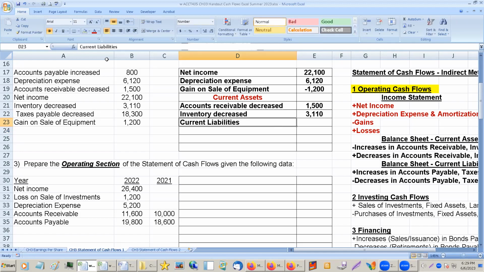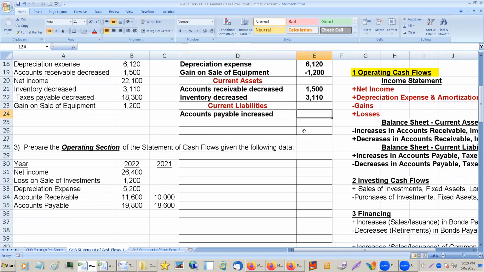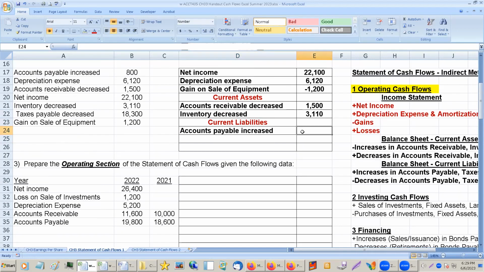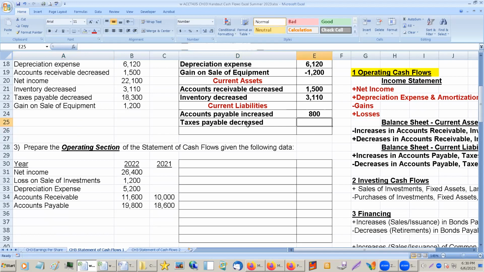Current liabilities, they go in the same direction. And liabilities are accounts payable. Accounts payable increased, so our cash increased. We go in the same direction, liabilities. Taxes payable decreased. Okay, taxes payable decrease.